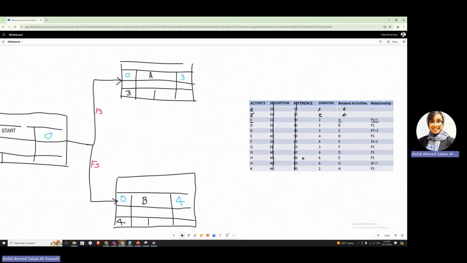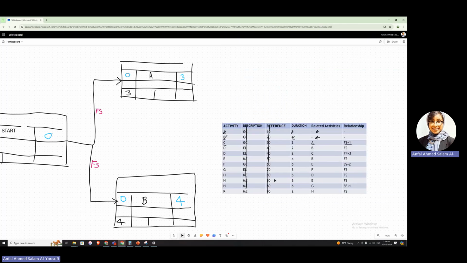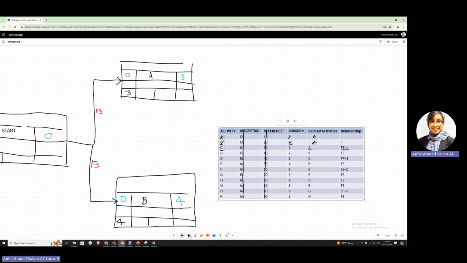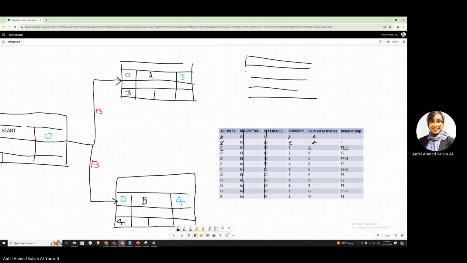Okay, it says finish start plus 1. That means I need to finish A and then start C. So I'm going to drop my C somewhere in here.